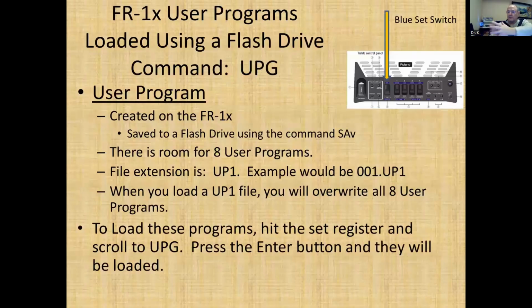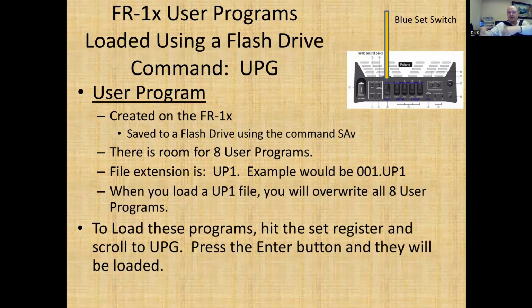Okay, so user programs. The command to load user programs. So let's say you have something, you got it from a third-party vendor. It could be Richard Knoll, anyone who creates these. They will send you this obviously with instructions, but you would go to the blue switch.